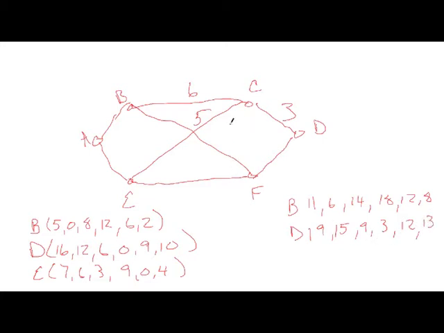And the cost to E is 5, so we add that 5 to the vector given. And that is 12, 11, 8, 14, 5, and 9. So now we have the distances to all of them.